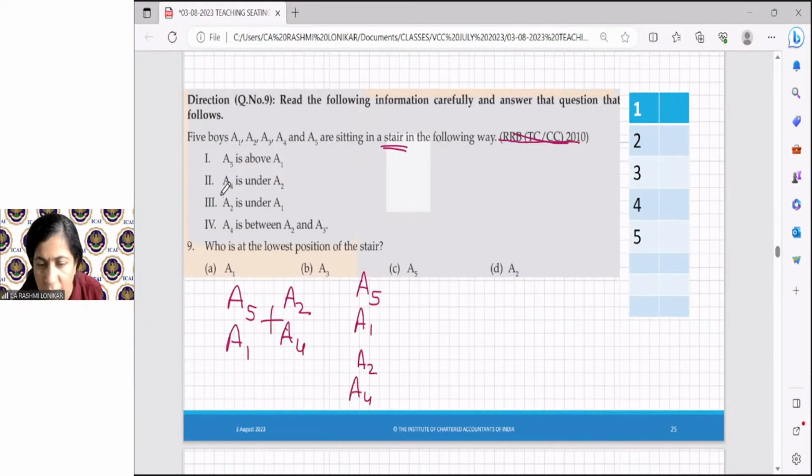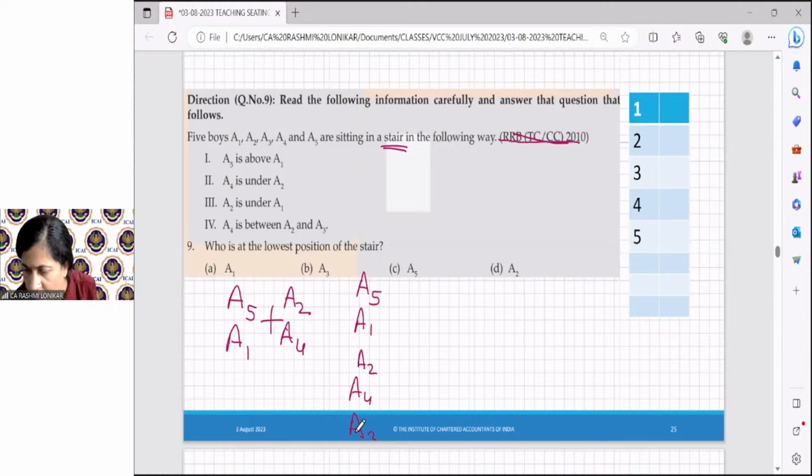A4 is between A2 and A3. So I have A2, so I will have A3 here.